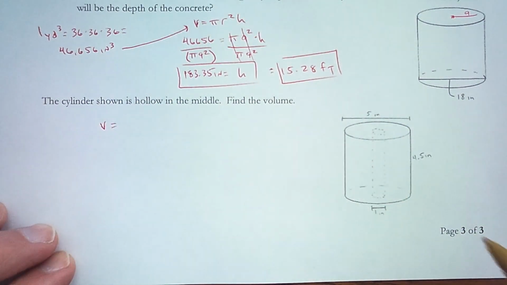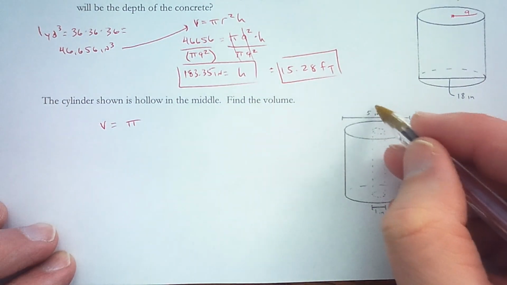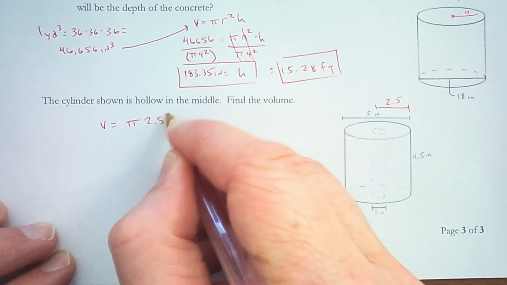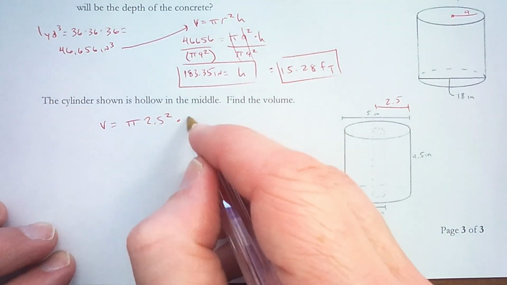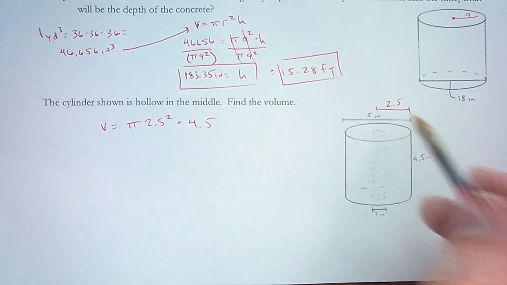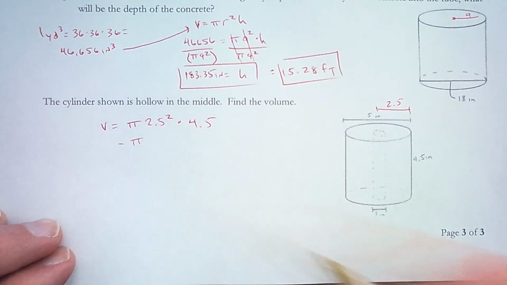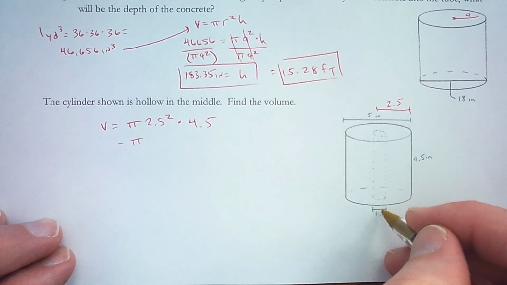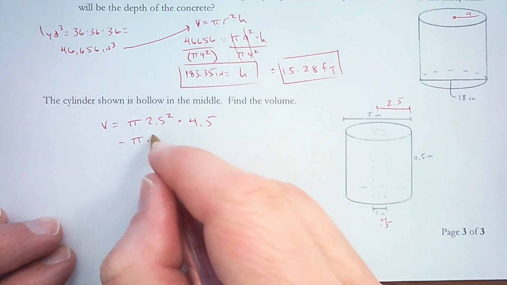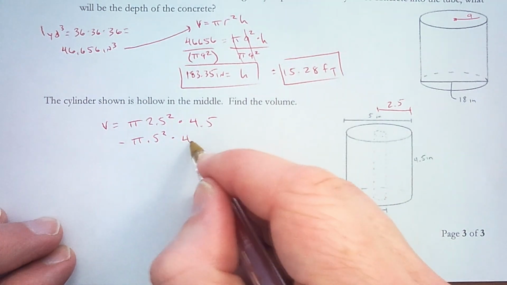So the volume is the outer volume, pi times the radius, which is half of 5, so 2.5, squared, times the height, which is 4.5. That's the outer volume, but we have to subtract this inner core, so minus pi times the radius, which is 0.5, squared, times 4.5.